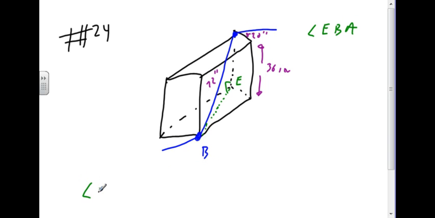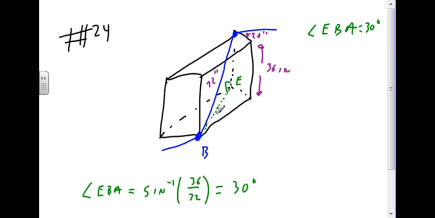So angle E, B, A is going to be the arc sine of the opposite, 36 divided by 72. And that's 30 degrees, right? Okay, so 30 degrees.